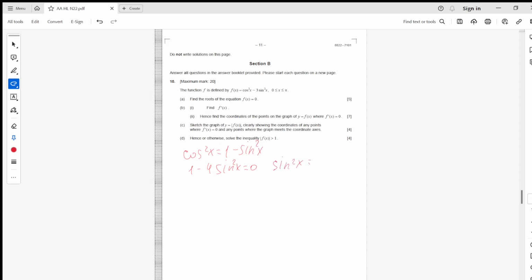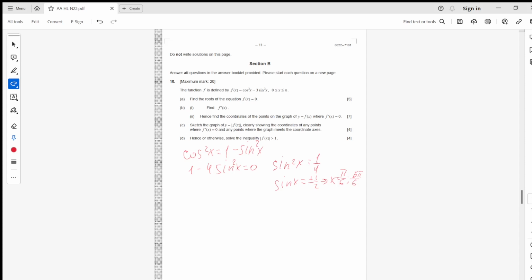Sine of x squared is equal to 1 over 4. And sine of x is equal to plus minus 1/2, so x is equal to pi over 6 and 5 pi over 6.